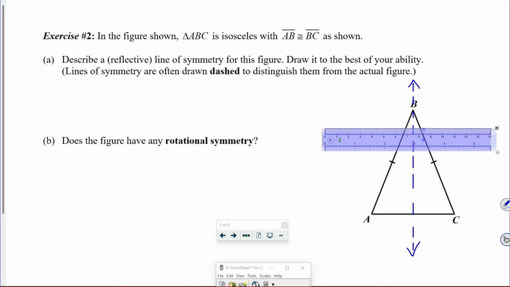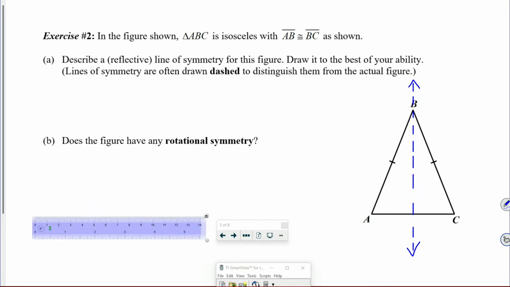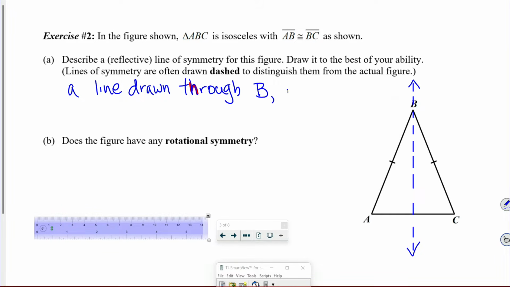All right, and we get our line of reflection, okay? And I want to describe it, right? So I could say that it's a line drawn through B, perpendicular to segment AC, right?